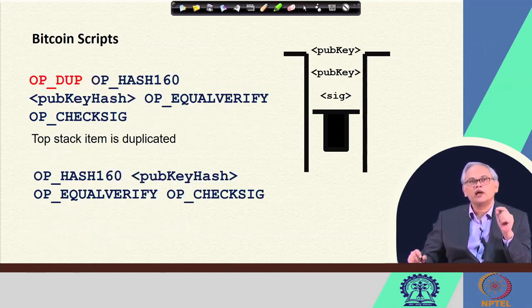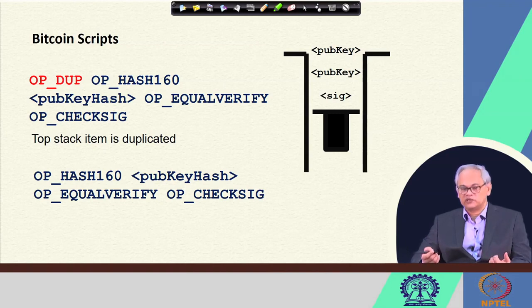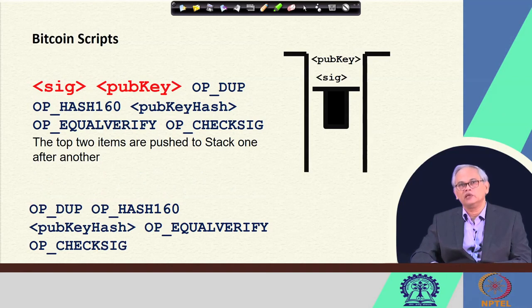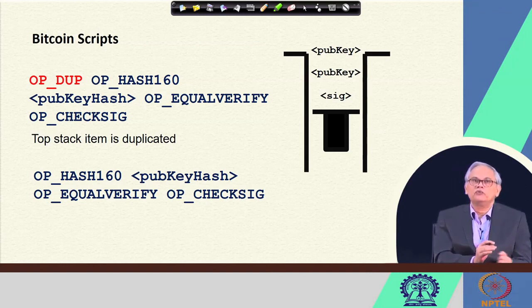And now, we have the operation of OP_DUP. This operation would be duplicating the top of the stack. And what was the top of the stack at that time? The top of the stack was the pub key. So, the pub key will be duplicated, and that is what is shown here. And then on the left below we also show which part is now left.